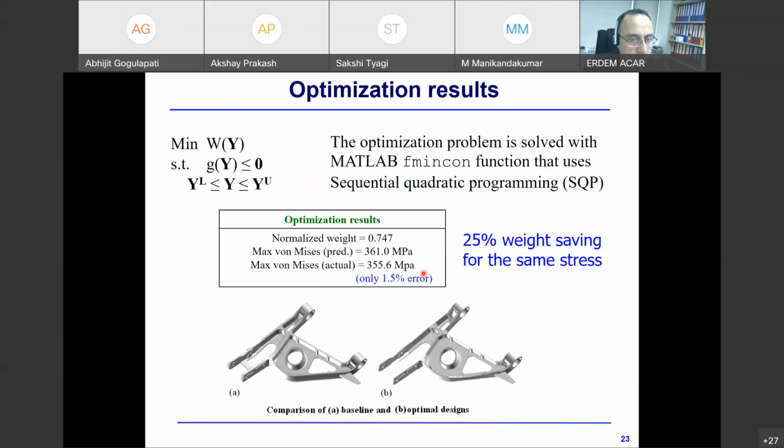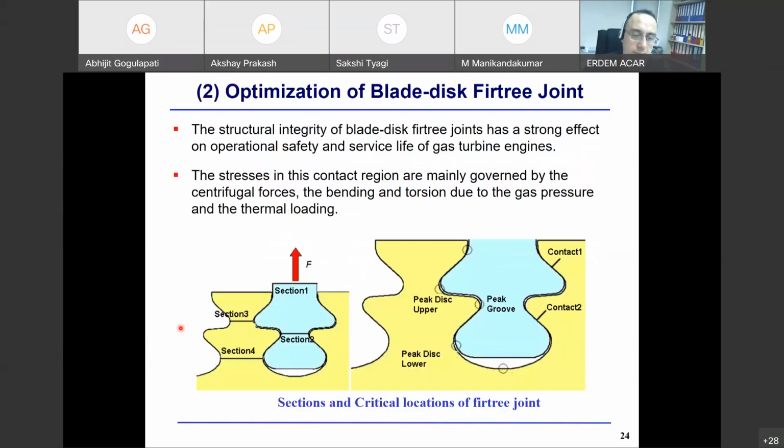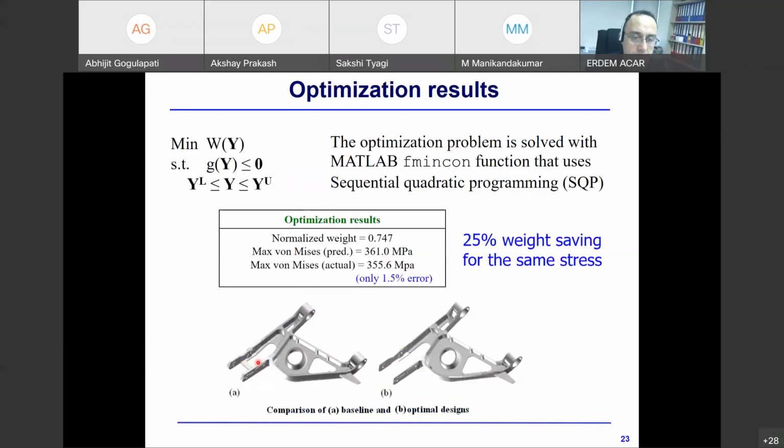So we were on the conservative side. And when we checked normalized weight, we found that we reduced the weight of this control arm by more than 25%. And these two slides show the baseline and the optimum design that we obtained.